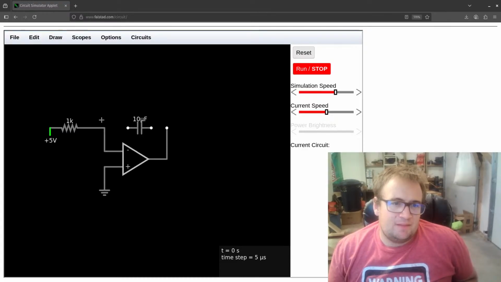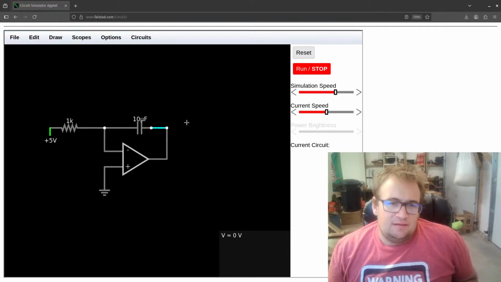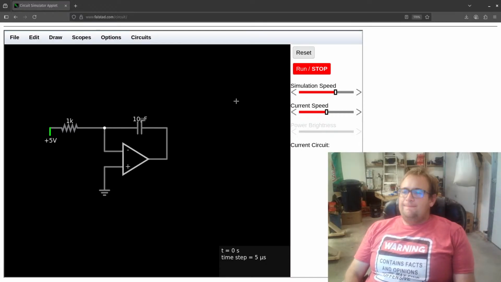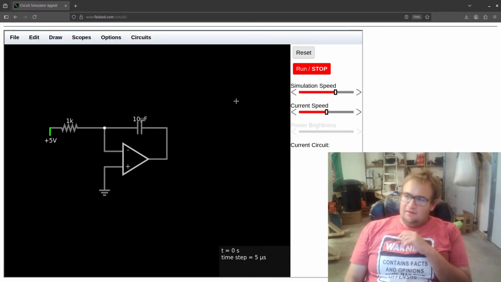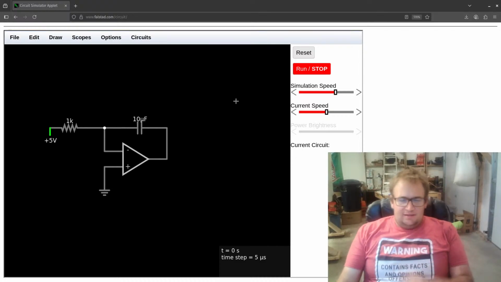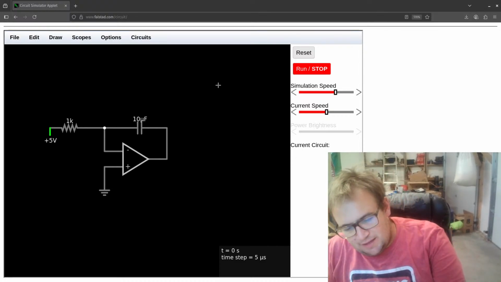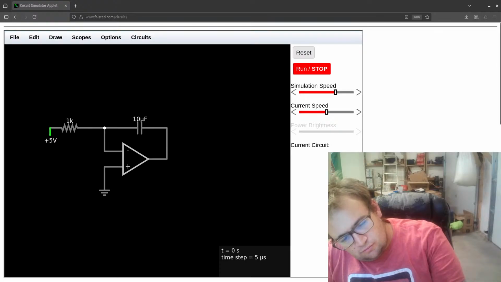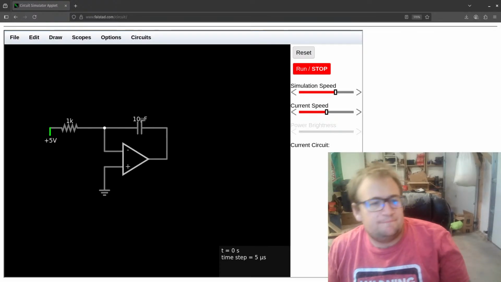Now, what do you think that is going to do to our circuit? Just think of it for a second.